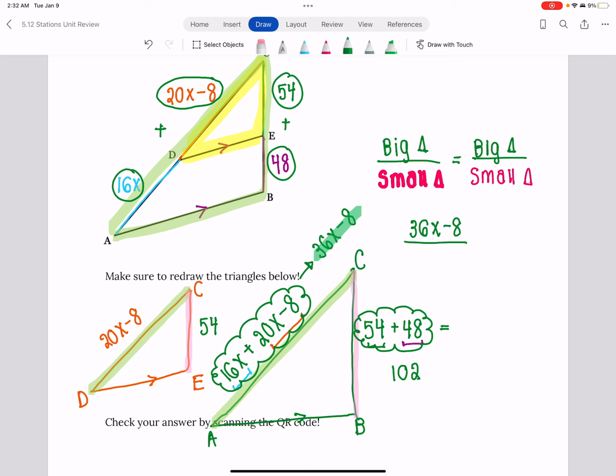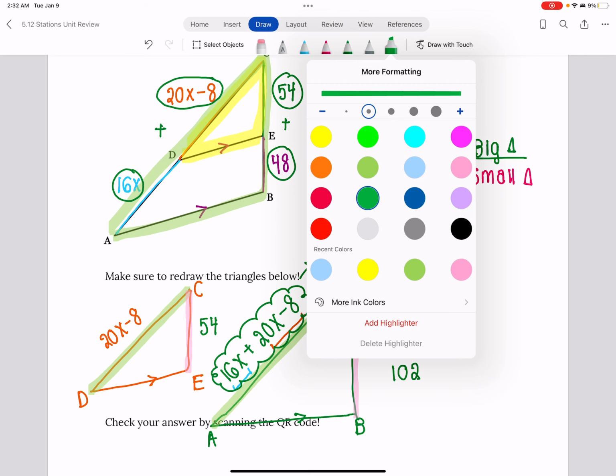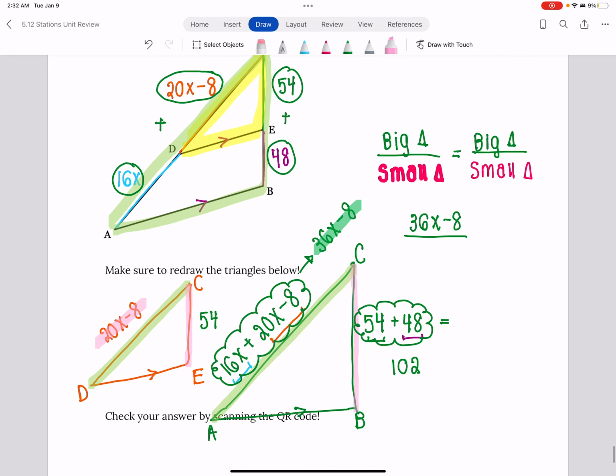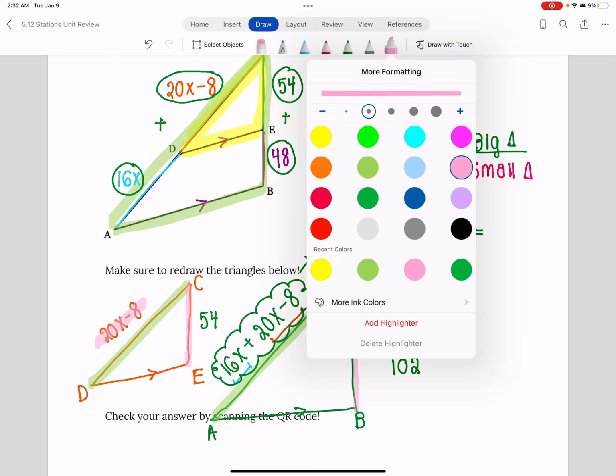We're going to divide that with its corresponding side of 20x minus 8. And we're going to set that equal to the other two corresponding side lengths.